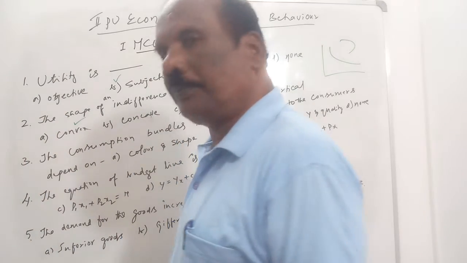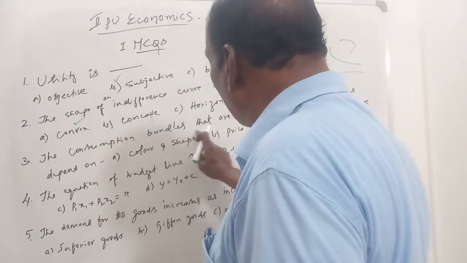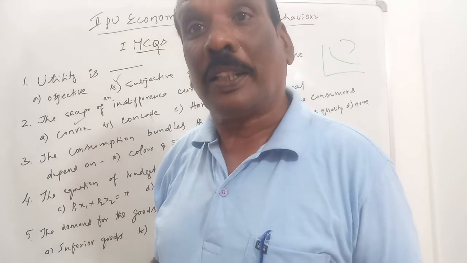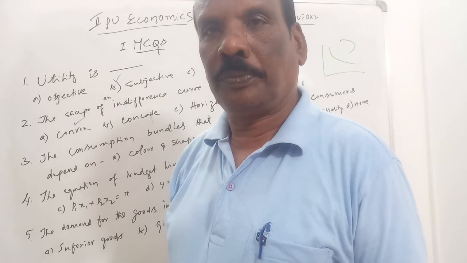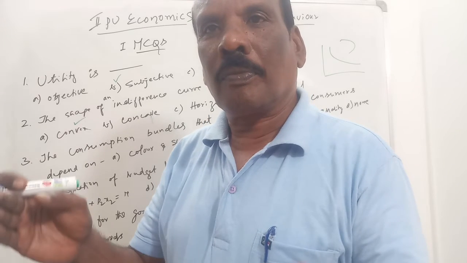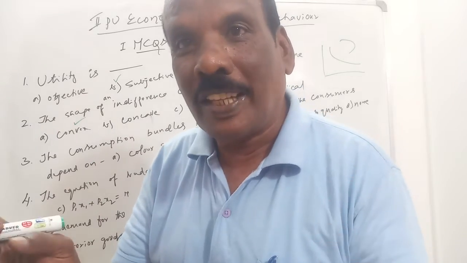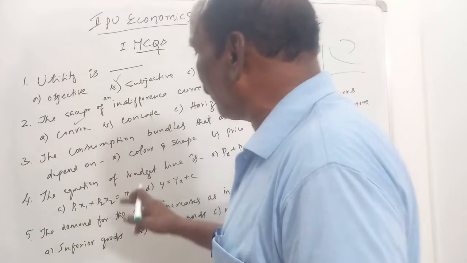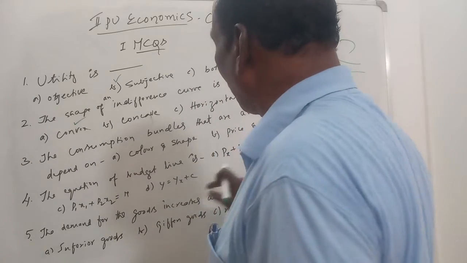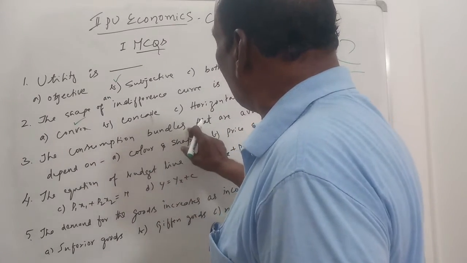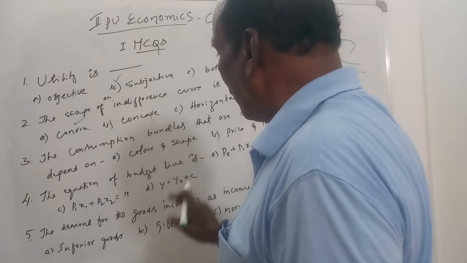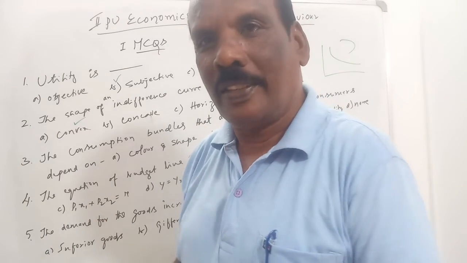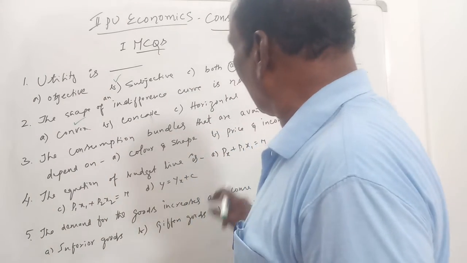Coming to the third one. The consumption bundles that are available to the consumer. The consumer consumes those goods at the given time, at the given income and the prices. So here you see there are 4 answers. The consumption bundles that are available to the consumers depend on color and shape. No, it doesn't depend on color and shape.